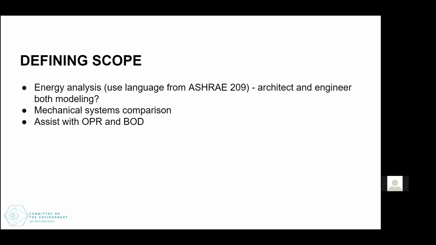We also want to include a basic comparison of various mechanical systems options, examining performance, durability, and cost, et cetera. And we also want to have some assistance coordinating the owner's project requirements and basis of design. We found that having this be a collective conversation between the design team and the owner has made those documents much more rich and useful to reference throughout the design process.